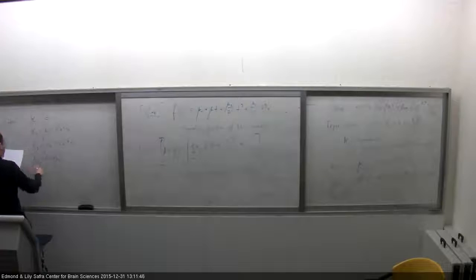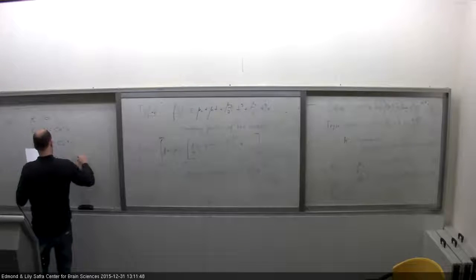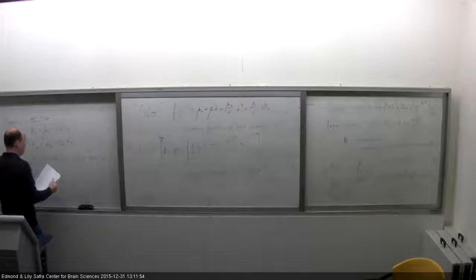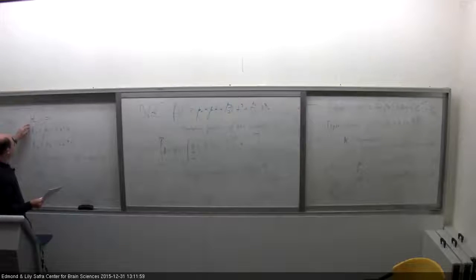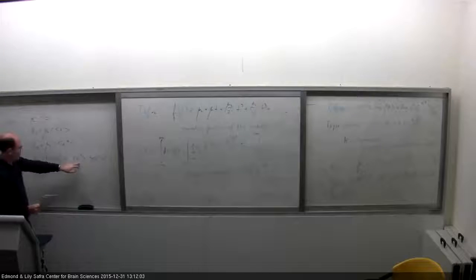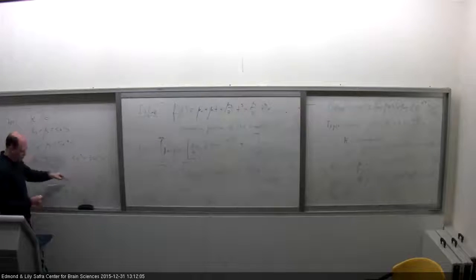So note that it's the mean of x to the 4 minus 3 times the mean of x squared, squared. So note that each cumulant has the same units as the corresponding moment. This has units of x to the 4.